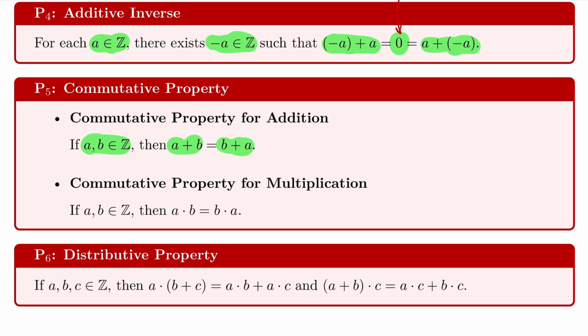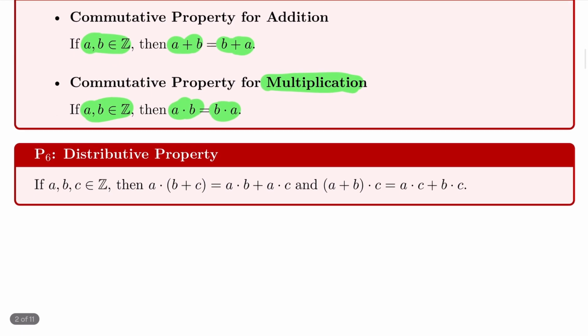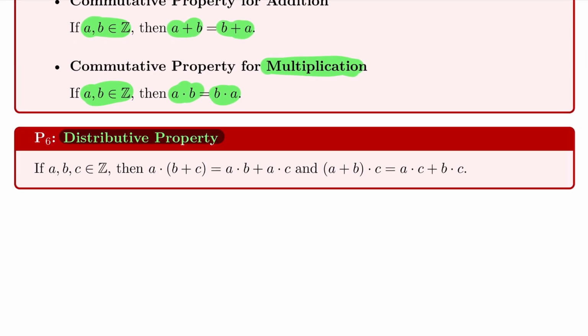And commutative property for multiplication: if you have two integers, a times b becomes b times a. They are the same. When you multiply two integers, you can switch their position. And the last one is P6, distributive property.